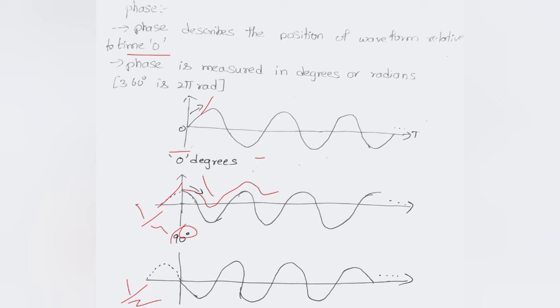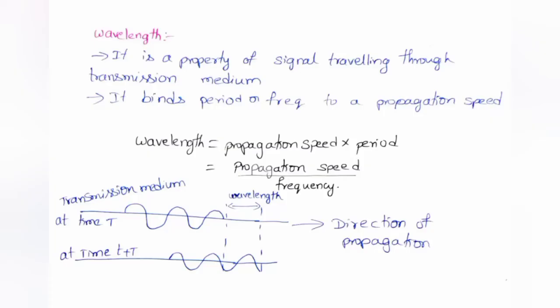Similarly here the sine wave with a phase of 180 degrees starts at time 0 with a 0 amplitude, and the amplitude is decreasing here, right? So in this way we came to know about the different sine parameters.